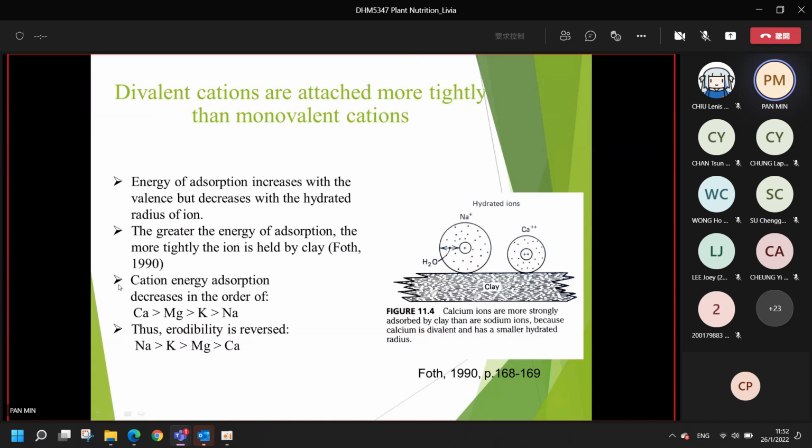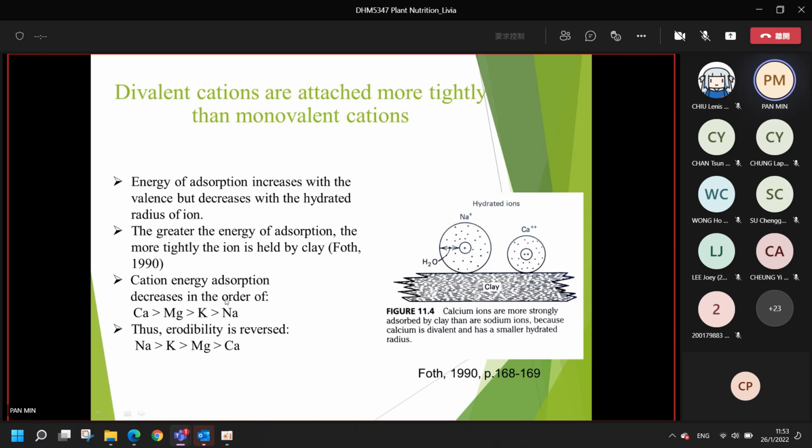And the cation adsorption energy decreases in this order. You can see that the calcium needs higher energy, and the next one is magnesium, and the following are potassium and sodium.